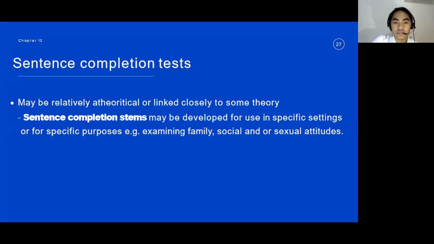These are all good topics to delve into with a client eventually, but sometimes they are reluctant to talk about it. So that is the purpose of the sentence completion task. It's kind of giving them almost a permission to talk about it, and you can tailor the test and themes towards the things that you want to ask about.